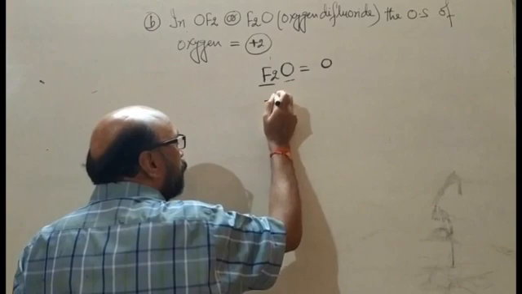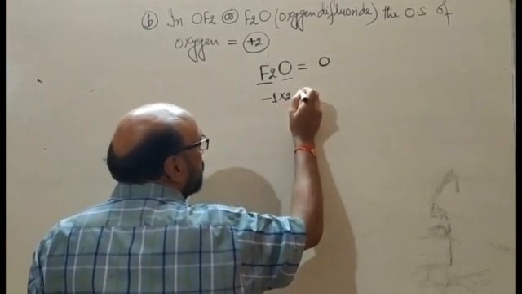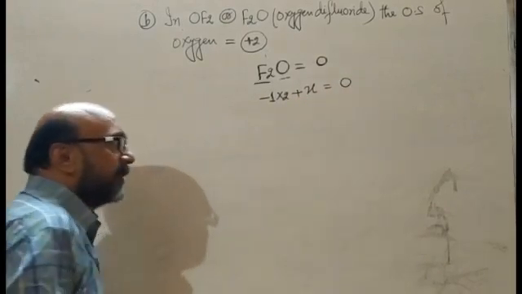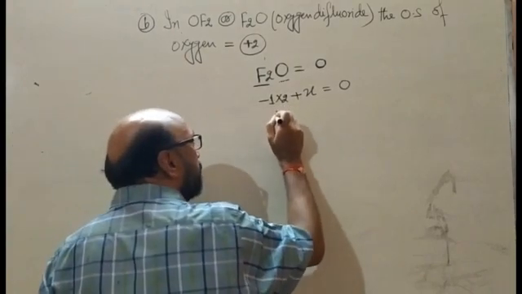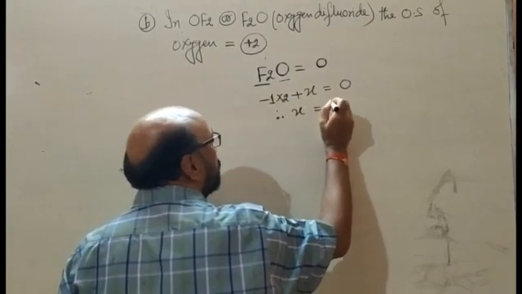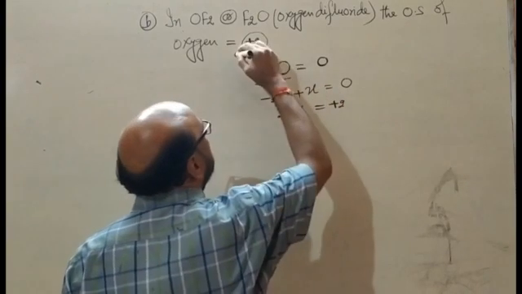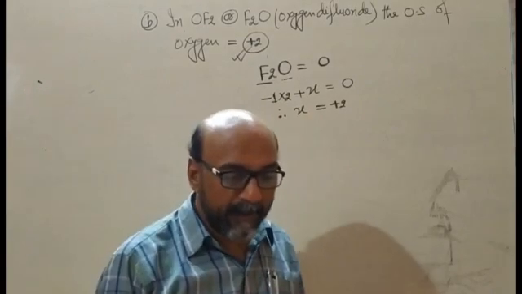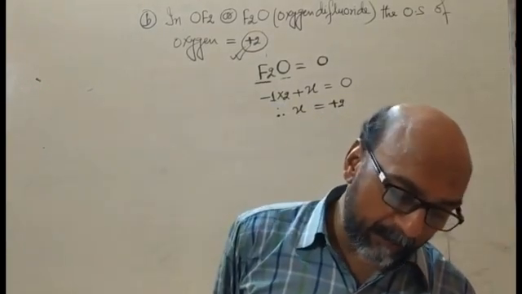Use -1 into 2 and let the oxidation state of oxygen be X, and the sum will be 0. Therefore X will be +2. So this is the +2 oxidation state of oxygen in oxygen difluoride.